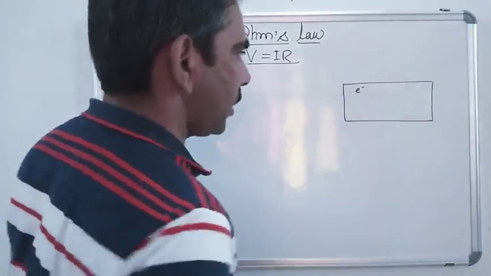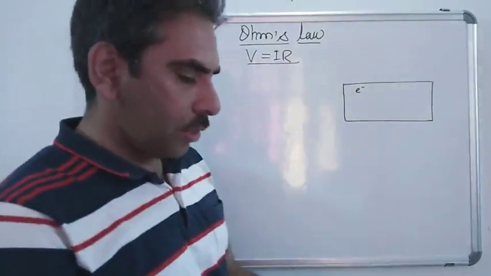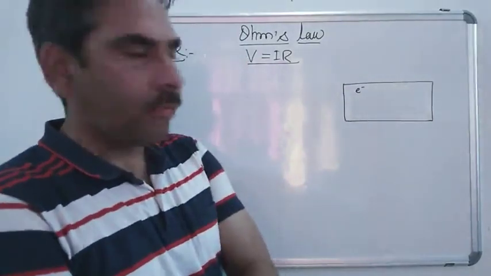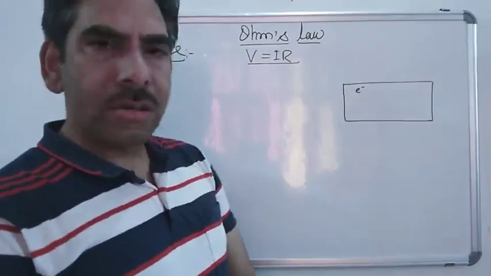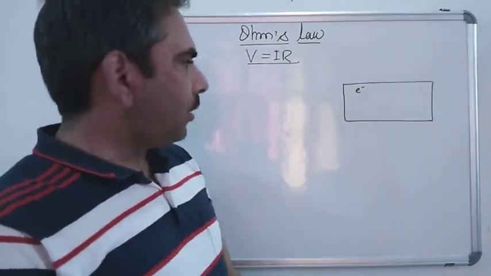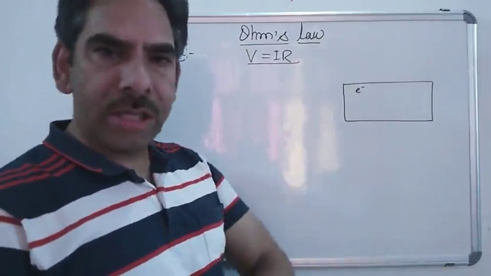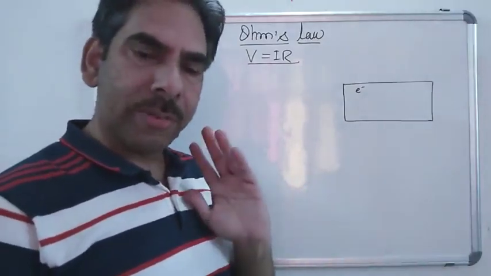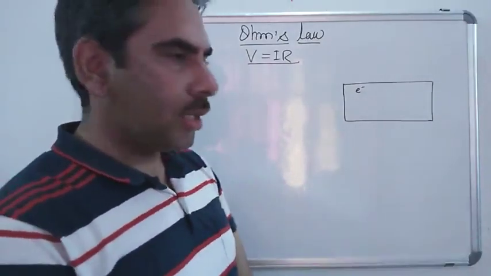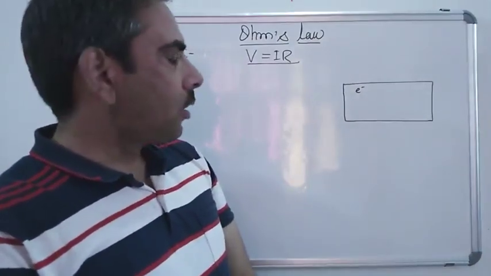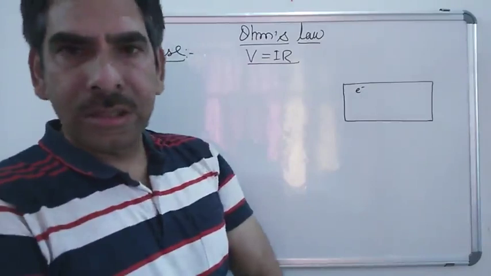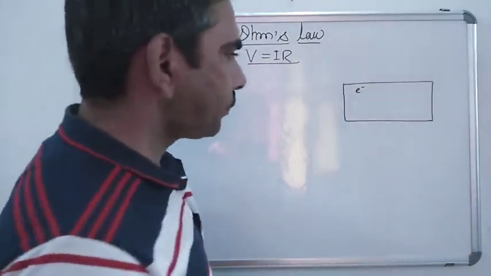We already know what the free electrons are: the electrons which are very loosely bound to the atom, or lie in the outermost orbit of the atom. So these electrons are very loosely bound, and even with a very small potential difference they become free and are able to move along one particular direction and hence create current. So in metallic conductors generally the current is carried by the electrons, right?